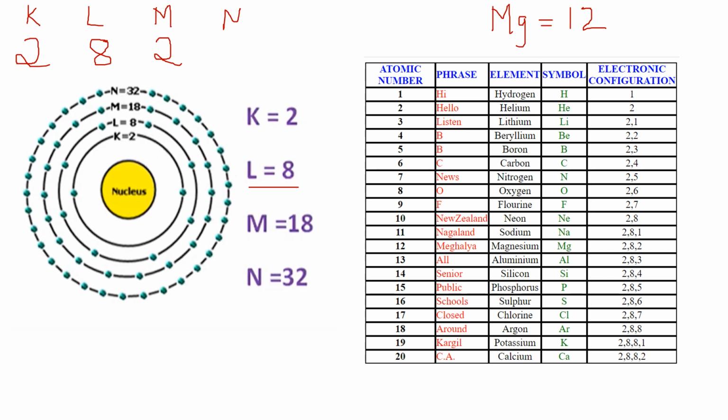Then 10 was remaining, and 10 minus 8 is 2. The remaining 2 electrons are filled in the M shell. So 2, 8, 2 is the electronic configuration of magnesium.